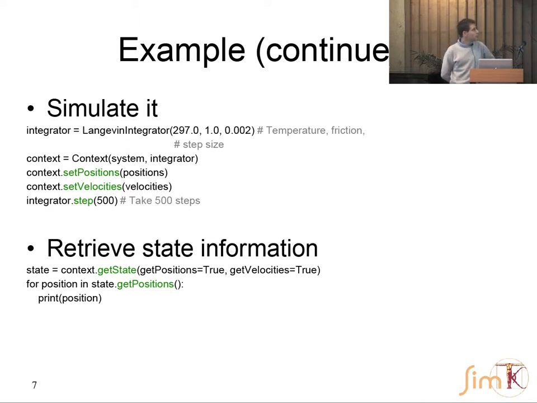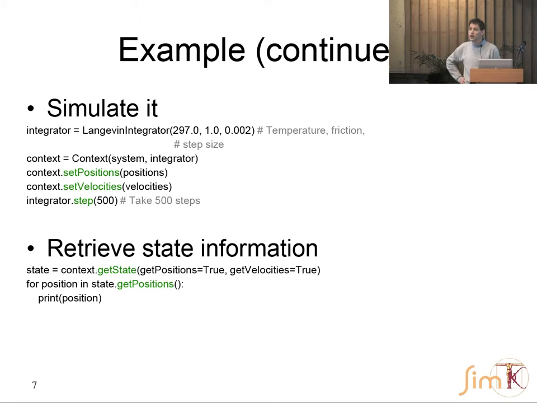Now, the final thing you'll want to do is to retrieve back some state information. Again, in your examples before, you probably weren't doing this because you were using a reporter, and that reporter was taking care of all of this for you. But if you want to get state information, you just call get state on your context. In this case, we're saying get positions equals true, get velocities equals true. So the state that is returned to us will include positions and velocities.